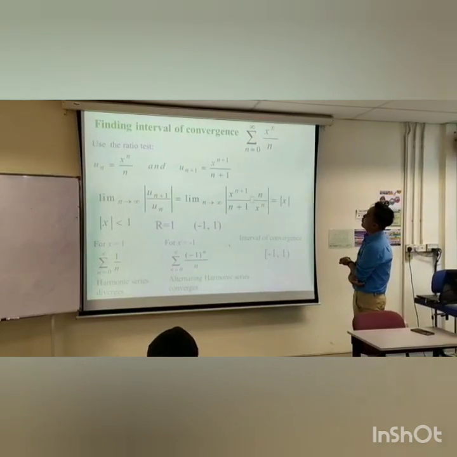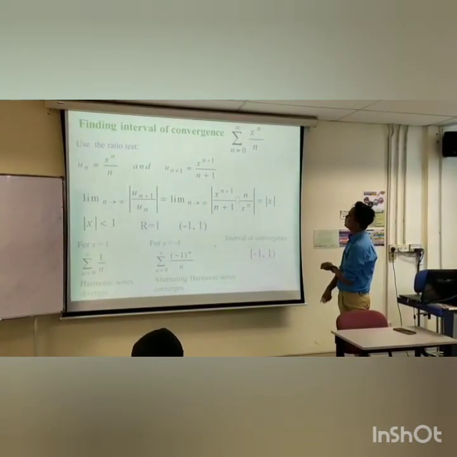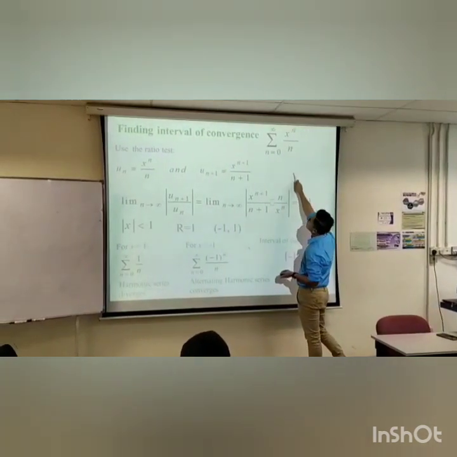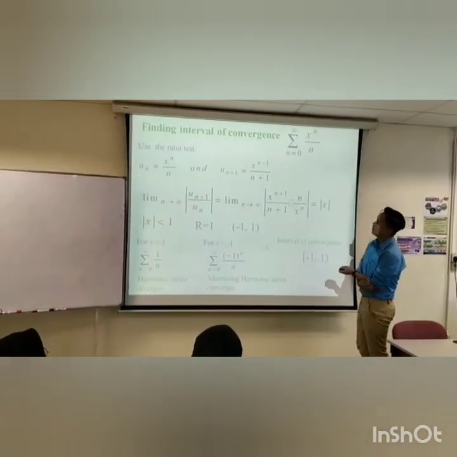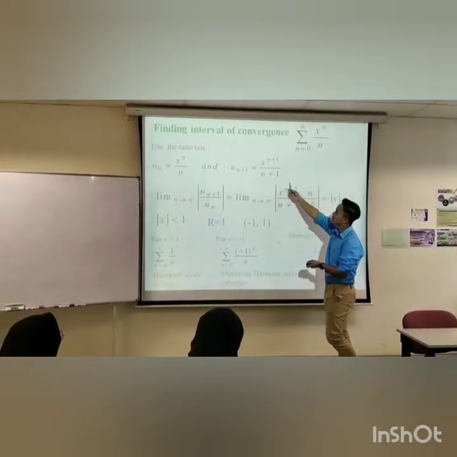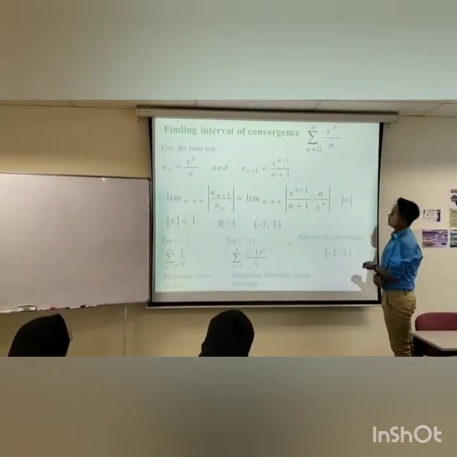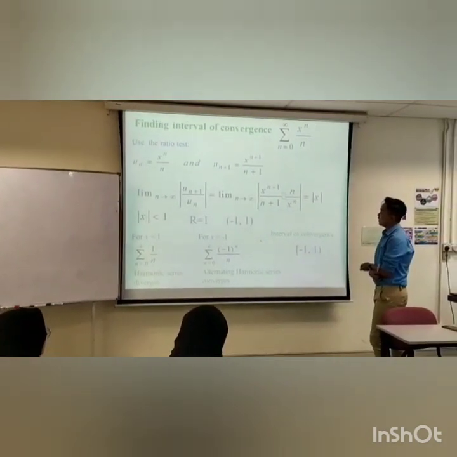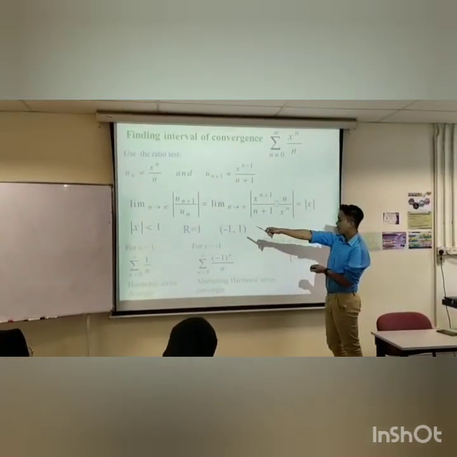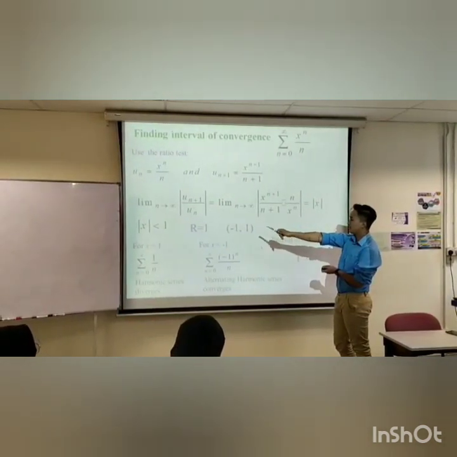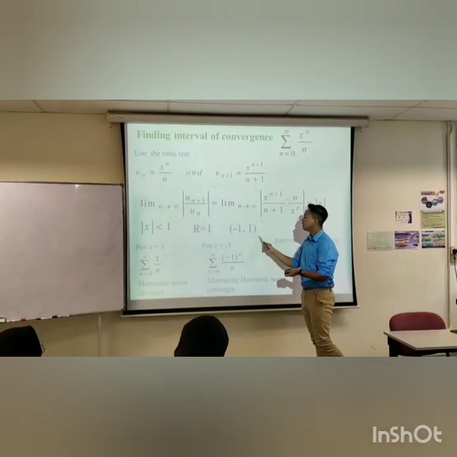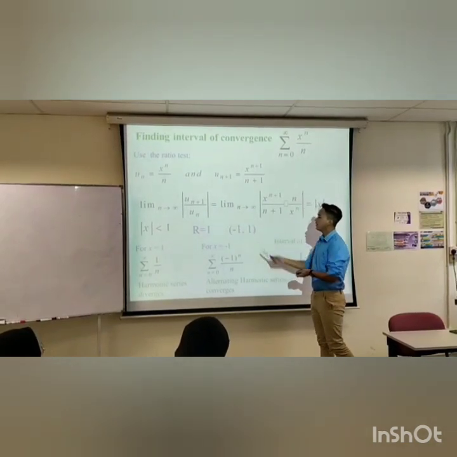Finding the interval of convergence. So this is the general formula you must know. Use the ratio test to find this. So you will get this when |x| is lesser than 1, r equals 1, and this is the domain, whereby -1 < x < 1.